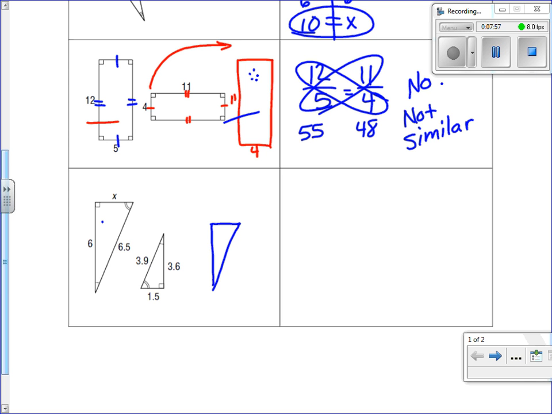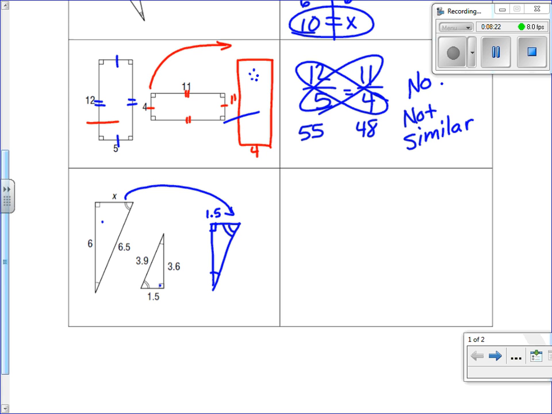Okay, I'm going to put my right angle in. Now, this side that goes between the right angle and my double line, okay, see I have to have my double line there, and then I have my single line here. So this side that goes between the right angle and the double line, I'm going to label that 1.5.